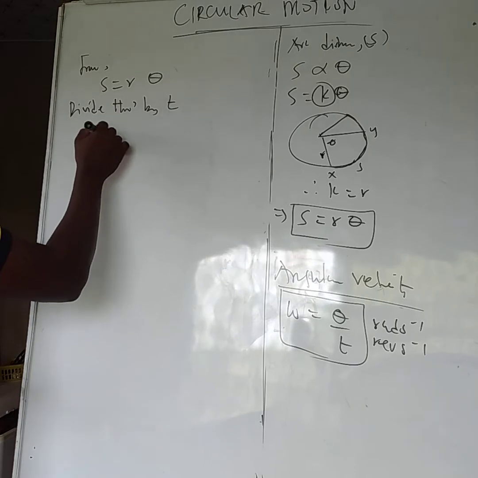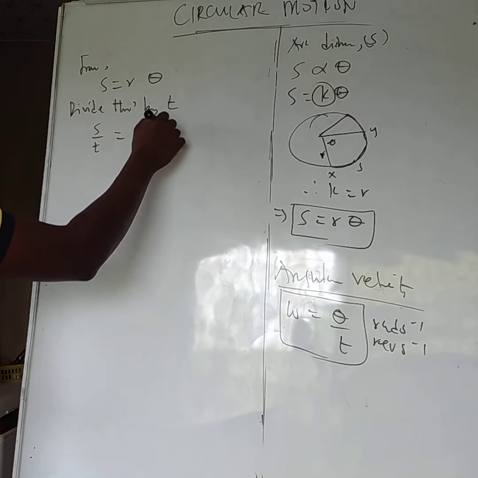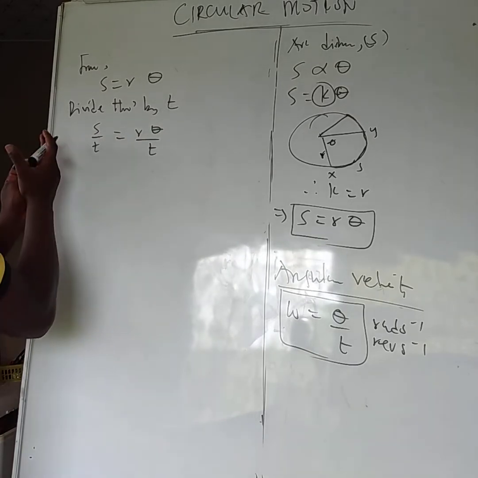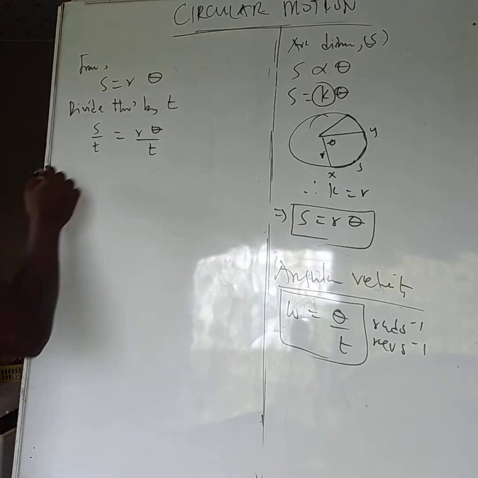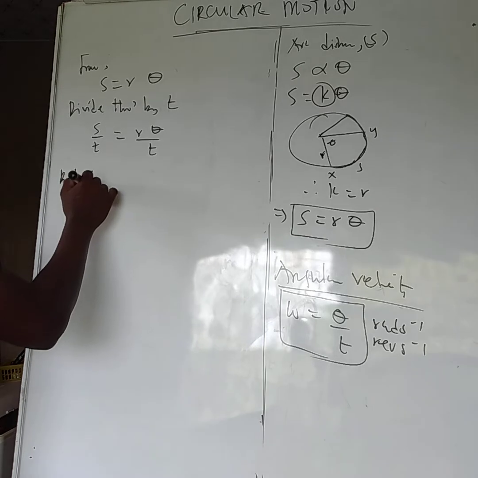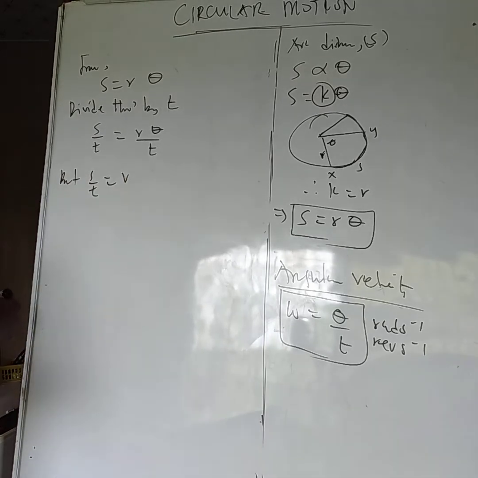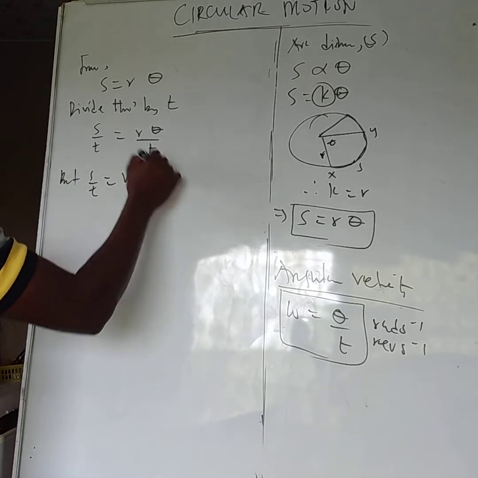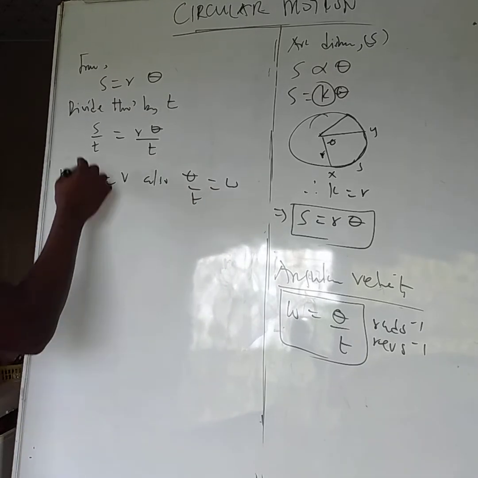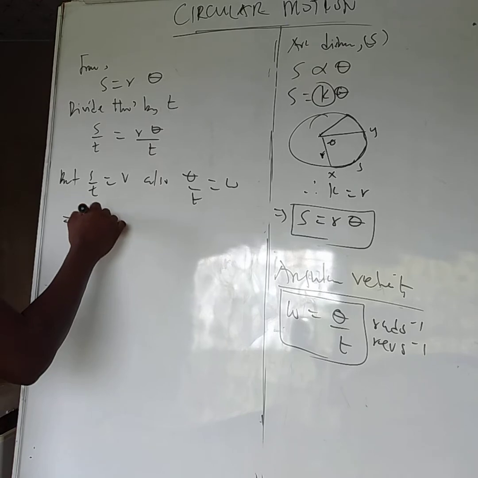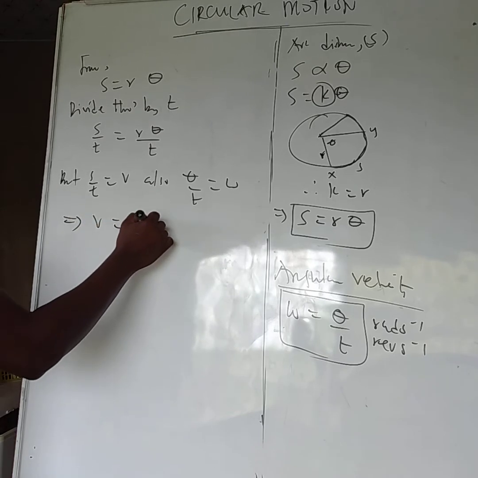So you have s over t is equal to r theta all over t. Whatever you do here, you have to do here. But we know that s over t is equal to v, and theta over t is equal to omega. So it implies that v is equal to r omega.